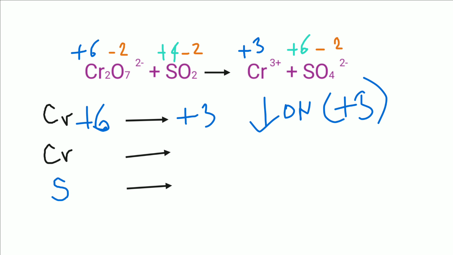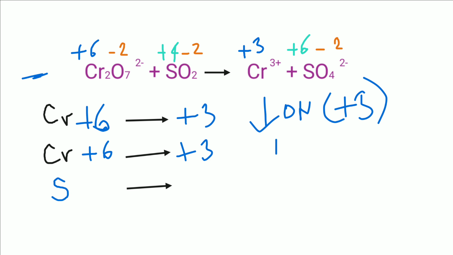We need to find the decrease in oxidation number for chromium one more time, because on the left hand side, 2 chromium atoms are mentioned. Therefore, we are writing the same step once again. Chromium oxidation number changes from plus 6 to plus 3.